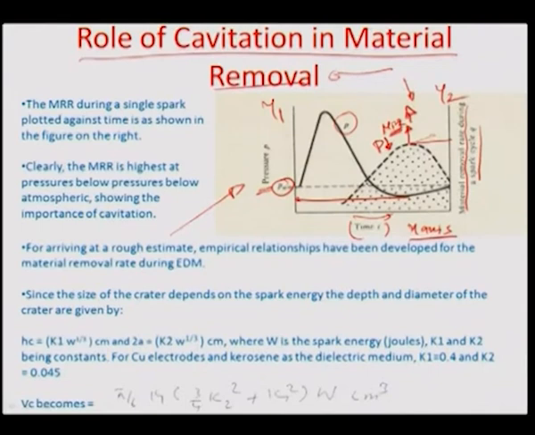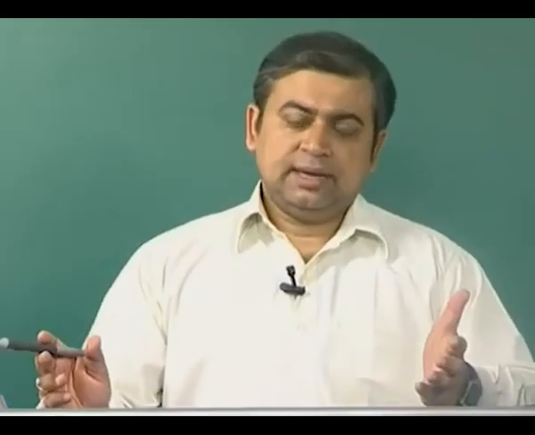So, as you know, there is always a tendency of the electrons emanated from one of the electrodes, that is the cathode in this case, to give a sort of pressure wave or a wave of compression onto the anode surface, which is the workpiece in this particular case. So, there is always an electron pressure emanating from the medium and coming onto the anode surface or the workpiece surface.